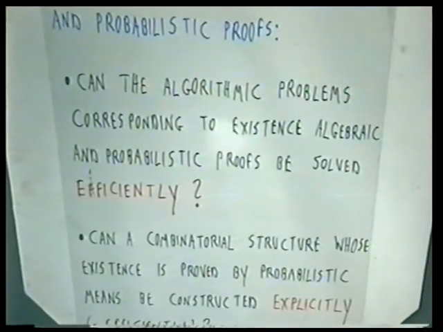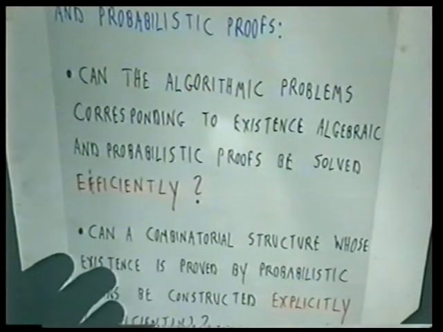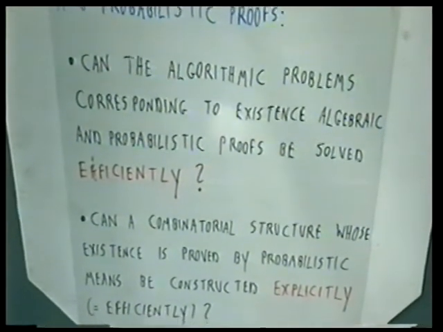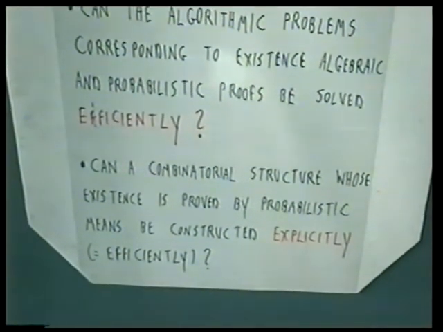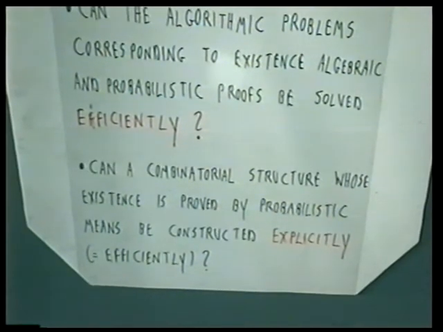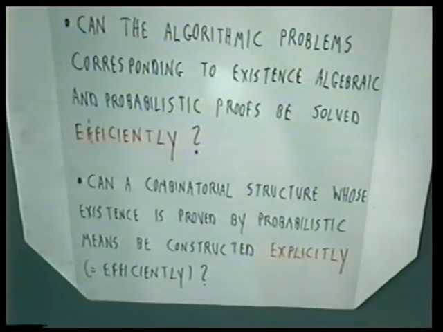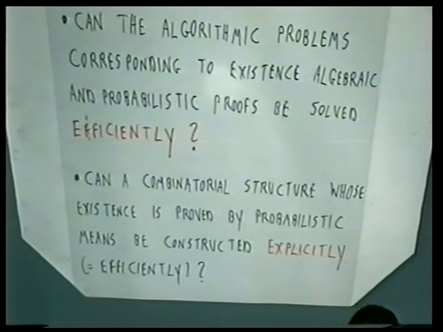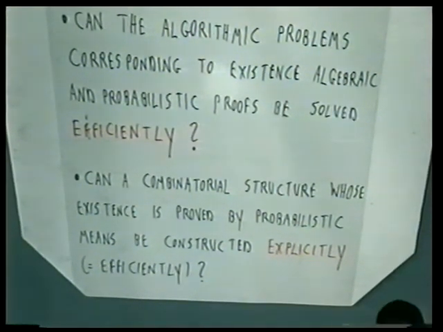I'll give some examples. And another reasonable question is, can a combinatorial structure whose existence is proved by a probabilistic argument, like this construction of Erdős, be constructed explicitly? I should say also that constructing them explicitly or efficiently would also have algorithmic applications, because these pseudo-random structures can be used in de-randomization.